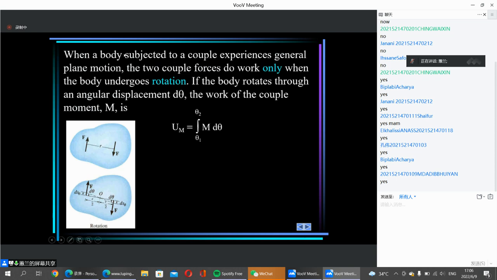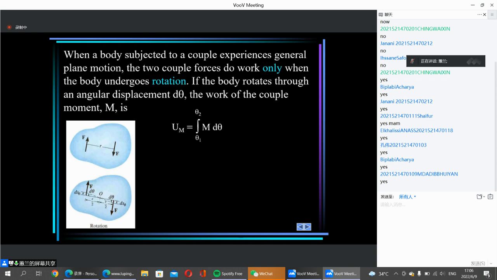When a body is subject to a couple and experiences general plane motion, the two couple forces do work only when the body undergoes rotation, right? Because the resultant of the couple forces is equal to 0. So when it's translating, the two forces are equal and opposite, so the couple does no work because they cancel each other out.